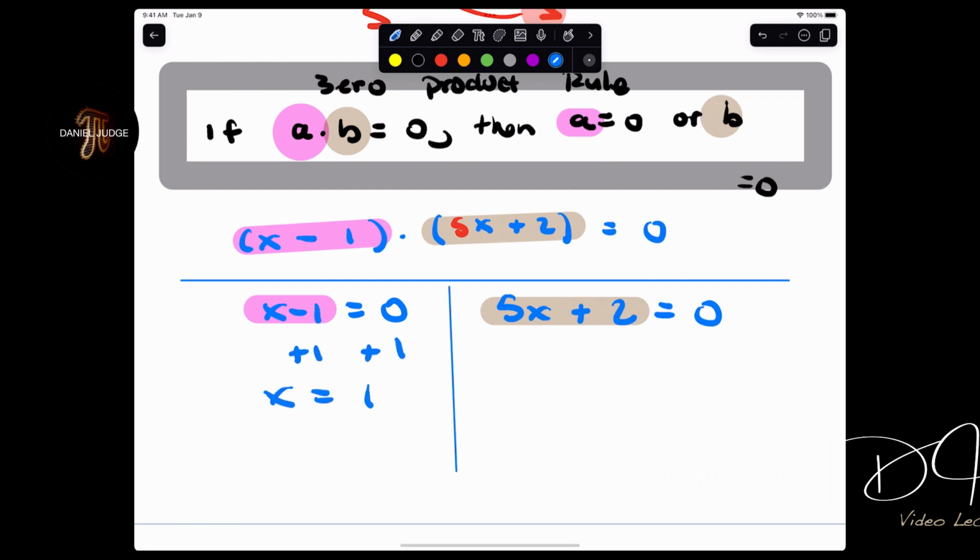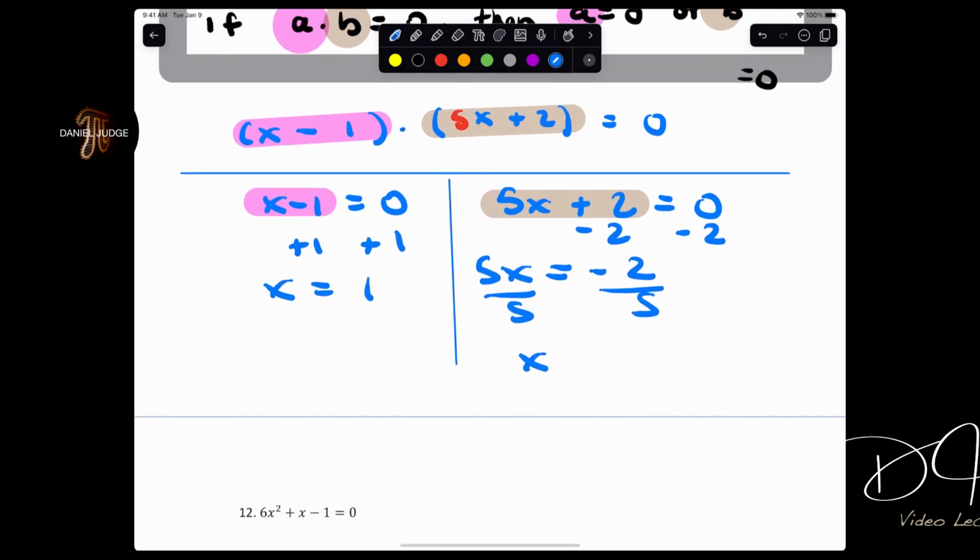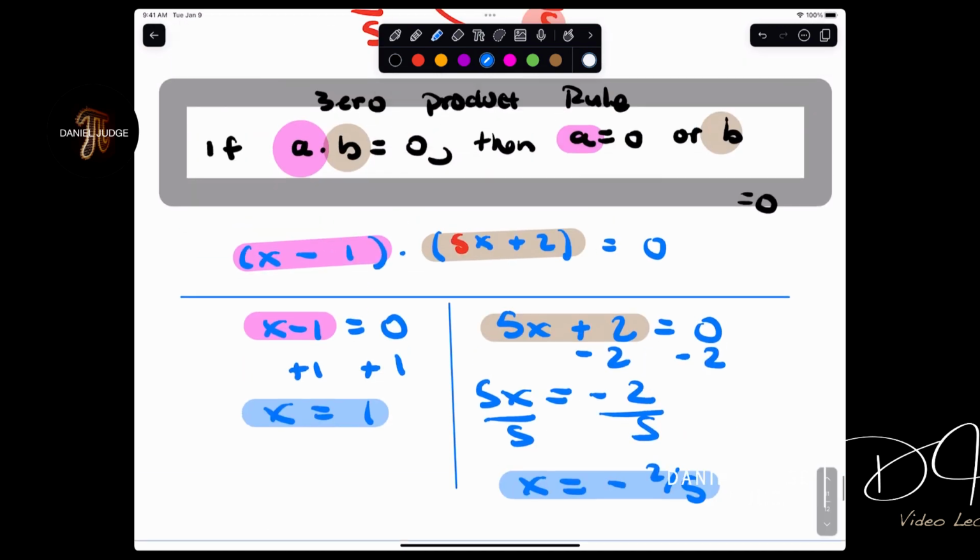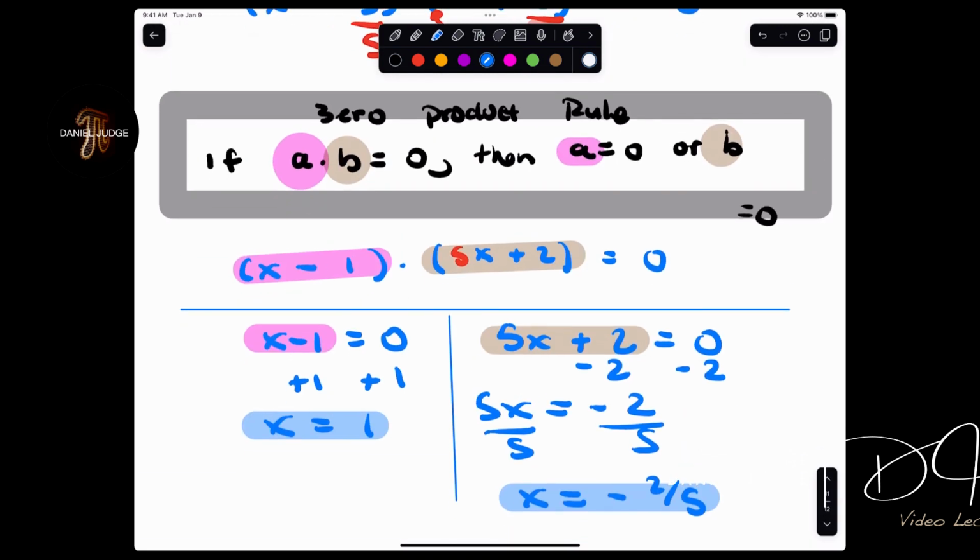We get x is 1. Here we have to do 2 steps. Subtract 2 from both sides, and we get 5x equals negative 2. Divide both sides by 5. You're going to get x equal to negative what? 2/5. So x is 1. X is negative 2/5. There you go.